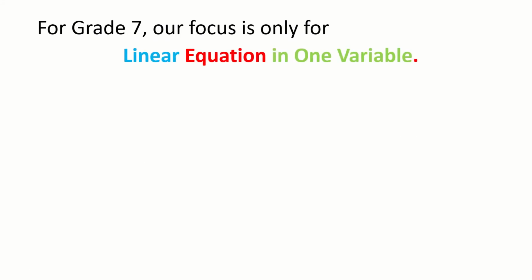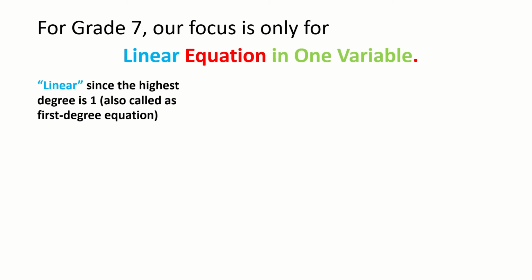So, for grade 7, our focus is more on linear equations in one variable. Why is it called a linear equation in one variable? We already know that an equation shows two expressions which are equal.